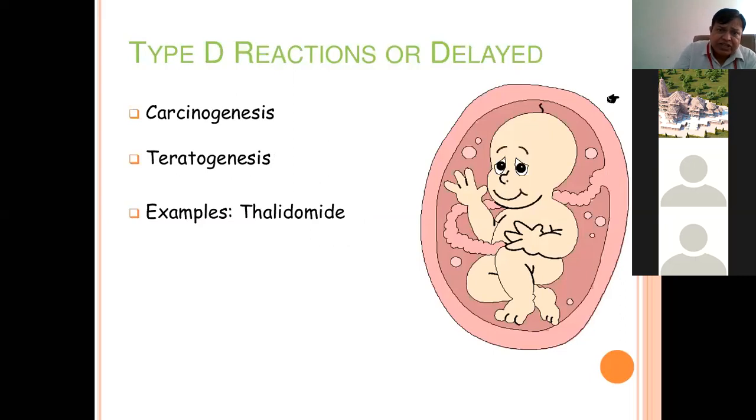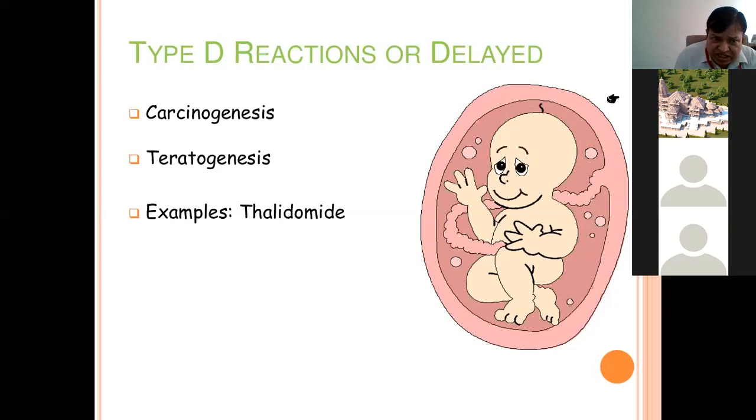Now, type D reaction, or it is called as delayed reaction. It cause when taking the medication, it cause the effect on the fetus or newborn baby through the mother or parents.